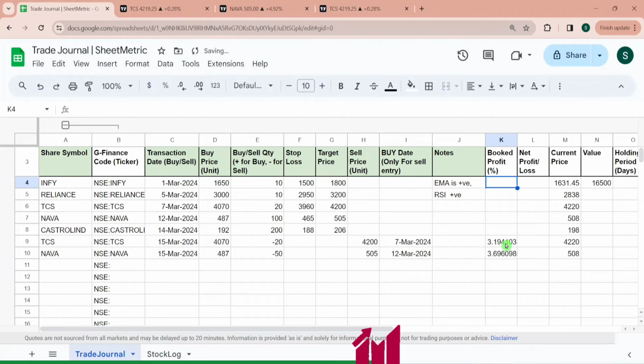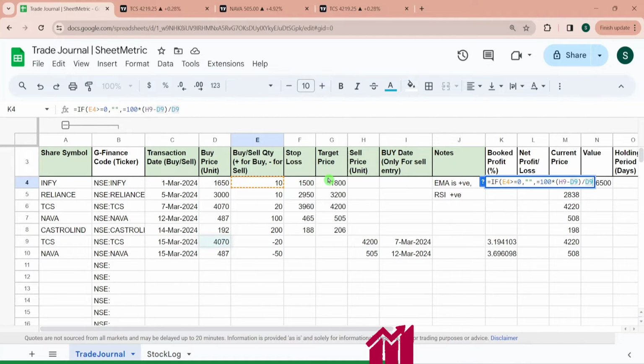Also, this booked profit percentage column is only applicable for the sale entries. What I am doing is copying this formula over here, and then writing an if function, putting a condition on column E. If this is greater than or equal to 0, then keep it blank, else calculate it as, and I had copied this from there.